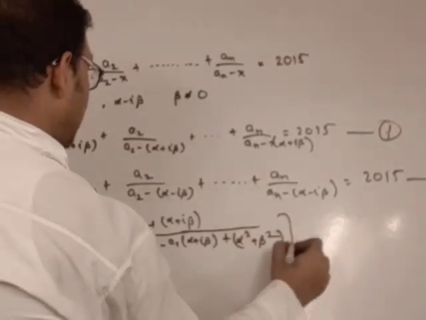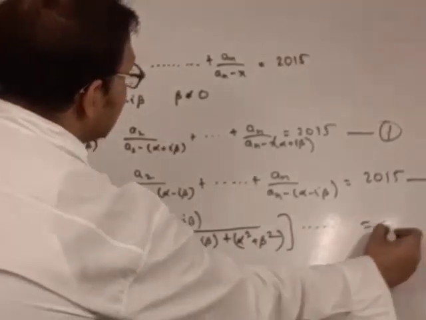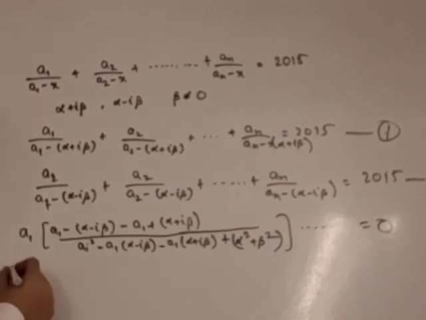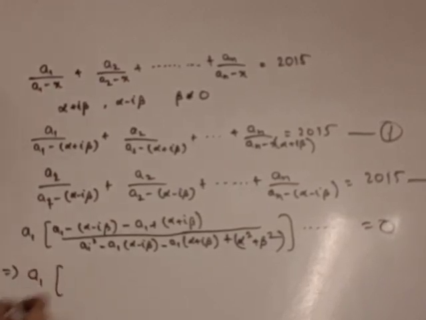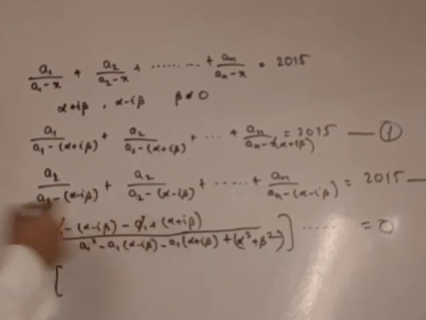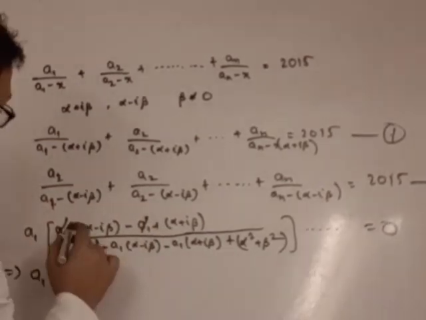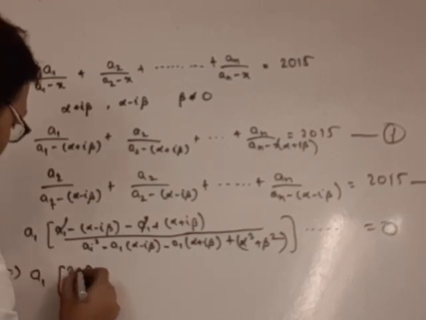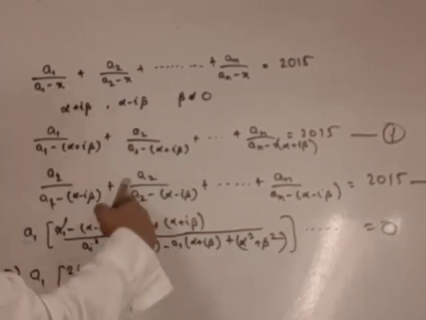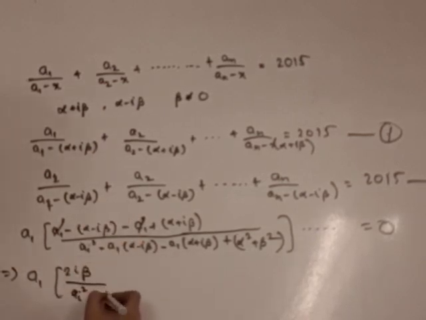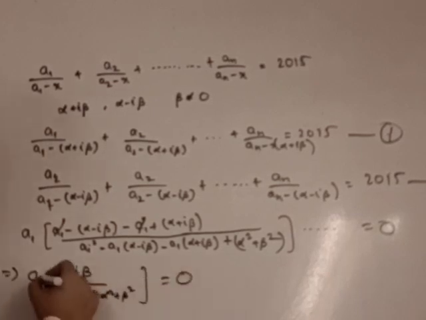This is what I get, the same for every term, and the right side becomes 0. If I just multiply, the inside number is just 2 iota beta, because the alphas get cancelled, and I get a_i square plus alpha square plus beta square equals 0 for all i.